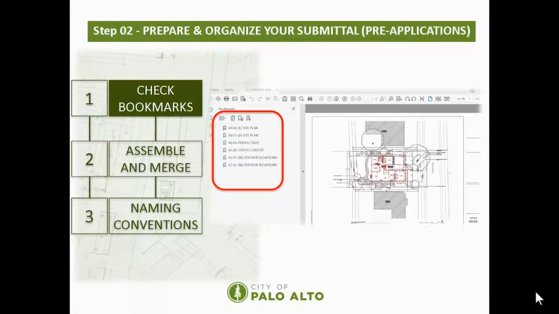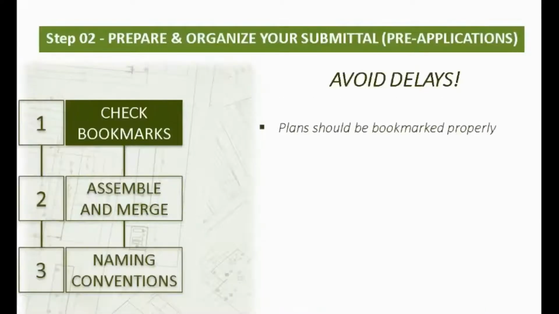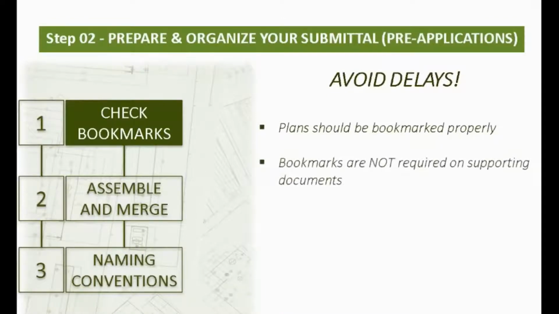Our electronic document review software uses bookmarks to designate reference values to corrections, comments, or conditions of plan reviewers. Avoid delays. Plans should be bookmarked properly. Bookmarks are not required on your application or supporting documents file.